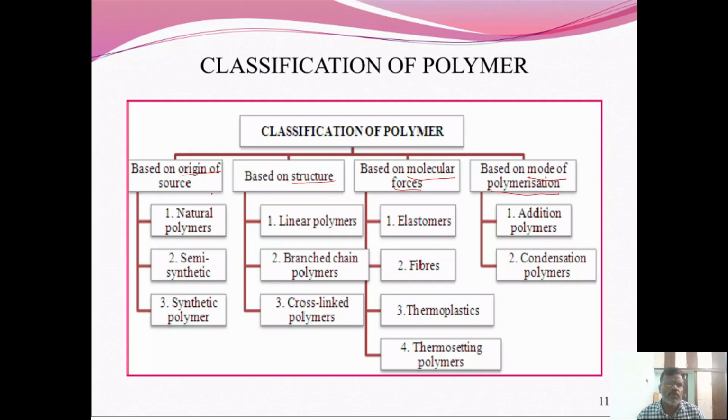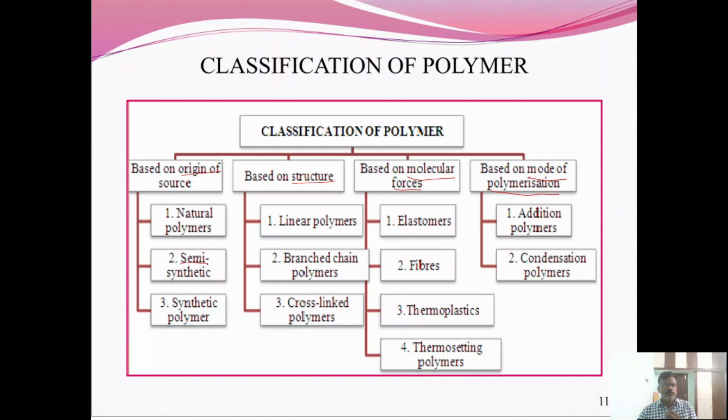Now I will outline each category. Natural polymers, we have just explained. Natural polymers are the polymers occurring in nature, like cotton, DNA, RNA, wool, carbohydrates, and starch. These things come under natural polymers. Semi-synthetic polymers means these polymers can be prepared synthetically in the lab.